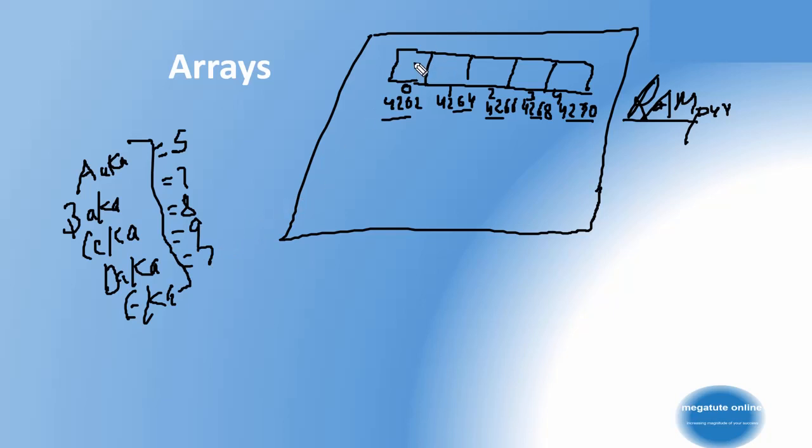Five will go and stay here, seven will stay here, eight here, nine here, and seven here. Now these persons who are renting the house may change, right? Next time you will get another set of numbers. These people can be integers, characters, or doubles.